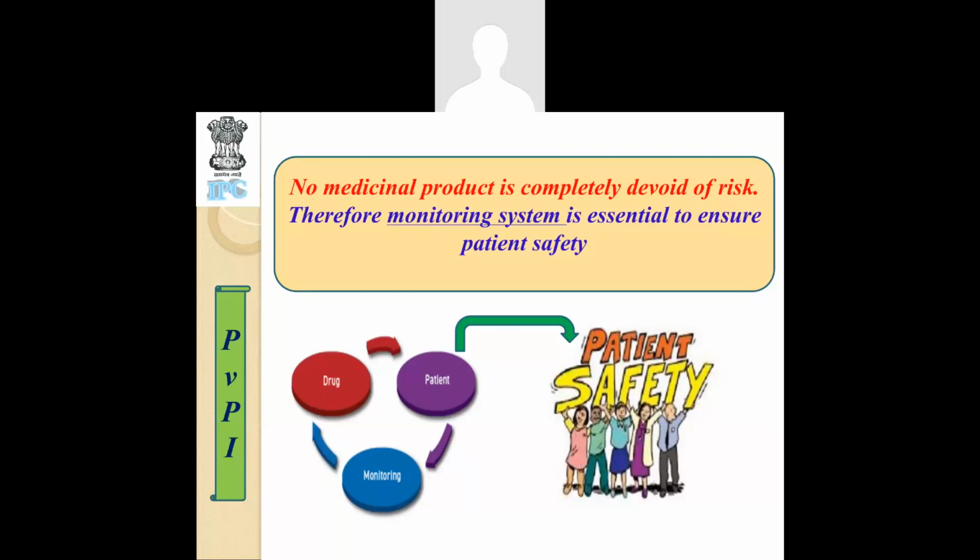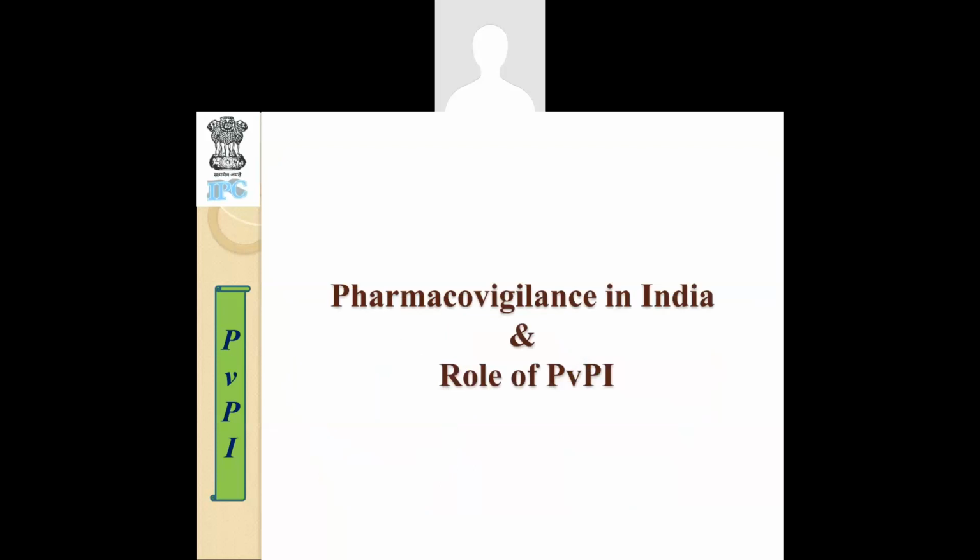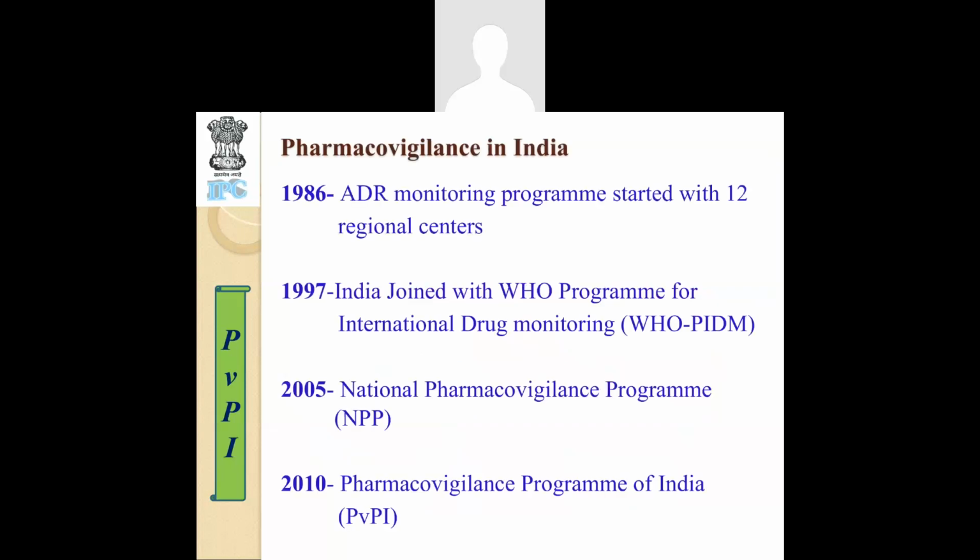So pharmacovigilance in India. Till now we have discussed the incidents that happened worldwide, but now we will see pharmacovigilance in India and the role of PVPI, when it was started, and so on. Pharmacovigilance in India was started in 1986 with 12 regional centers under the name ADR monitoring program.